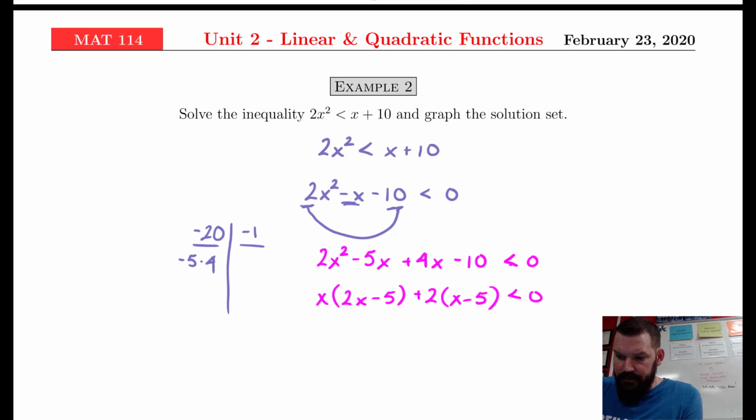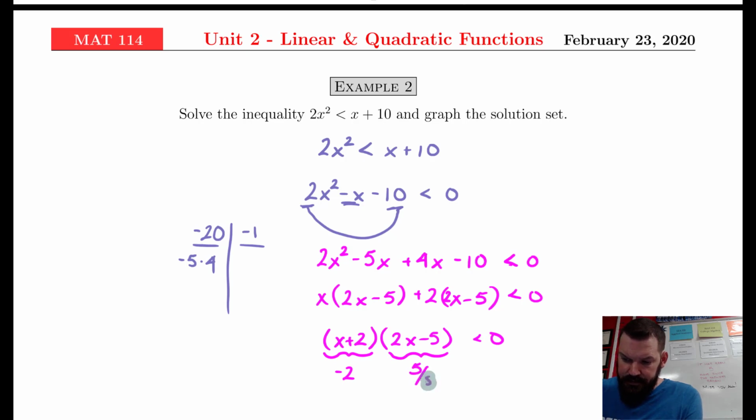Sorry, there's a 2 there. We have x plus 2 times 2x minus 5. This term gives us a 0 of -2, and this term gives us a 0 of +5 halves.